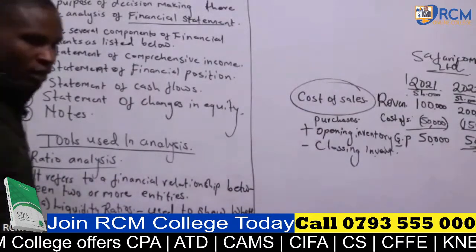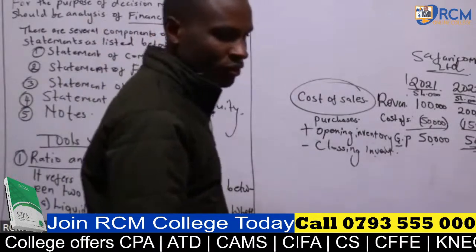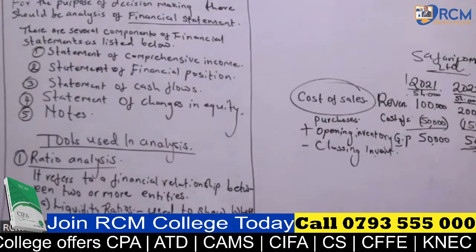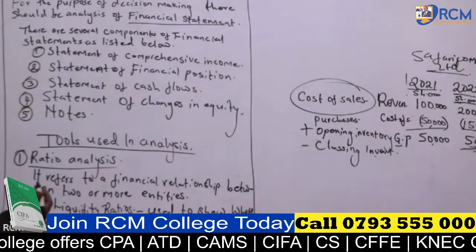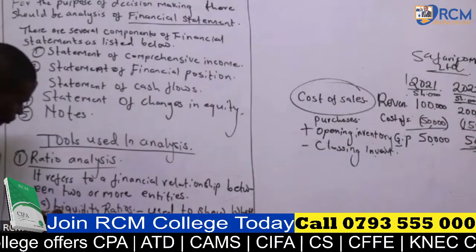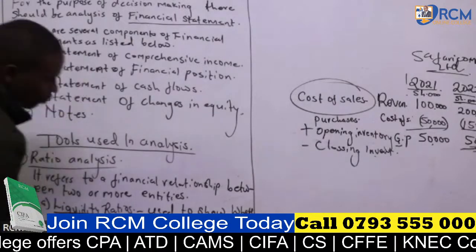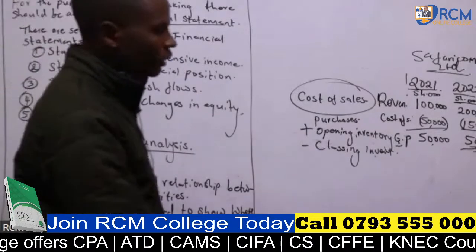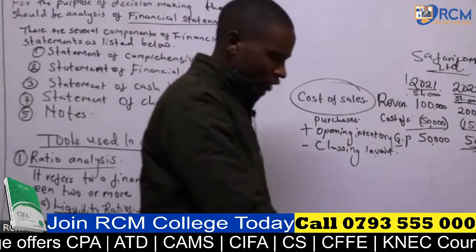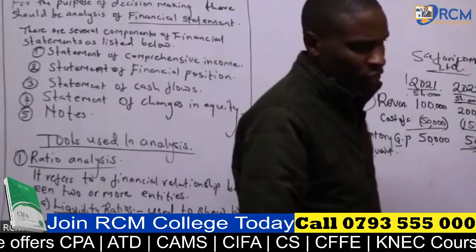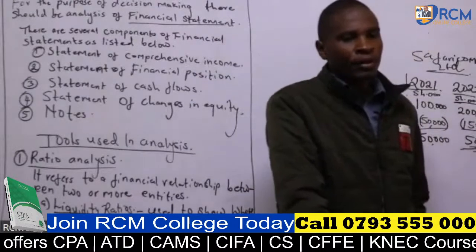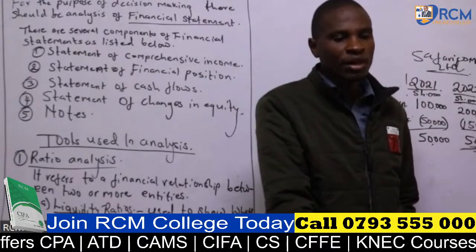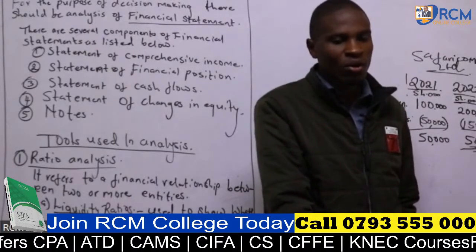Okay, this is Grace. Grace seems to be very fast. Thank you very much. So when you hear of a liquidity ratio, this will help you to determine whether that company is able to pay its short-term debt. Short-term debts are debts that are payable within a period of how long?